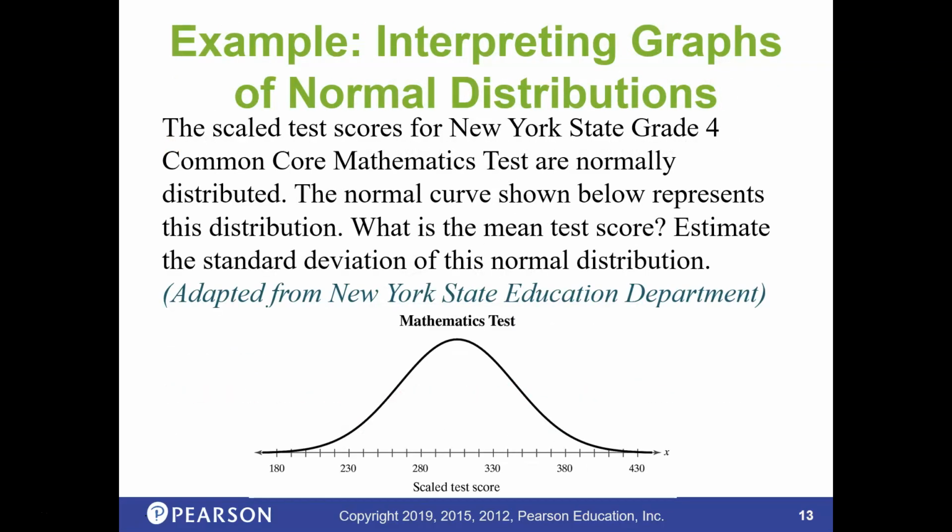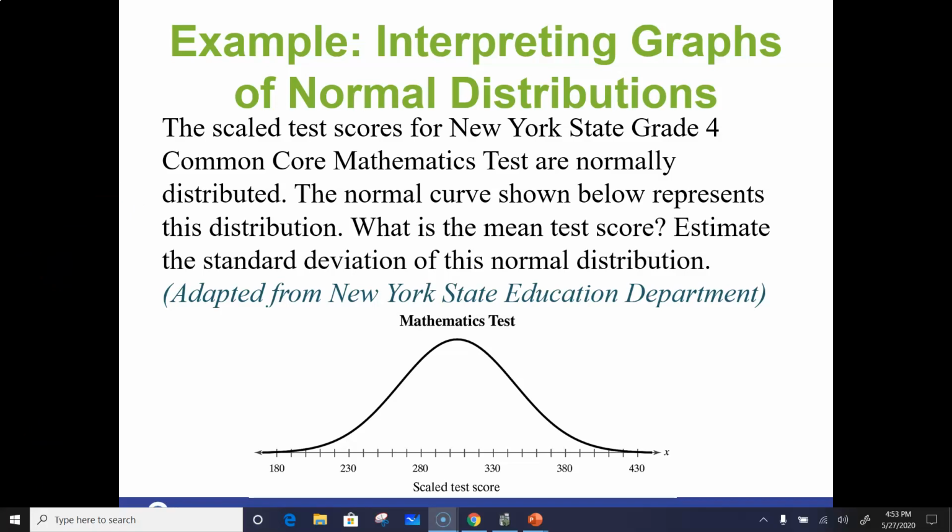Okay. So here we just want to do our best to estimate, and a lot of times I go with the Goldilocks principle to answer a question like this. I can see that the center is somewhere between 280 and 330, and we could just find the midpoint of that. Then we're going to approximate the standard deviation based on that 68, 95, 99.7 rule.